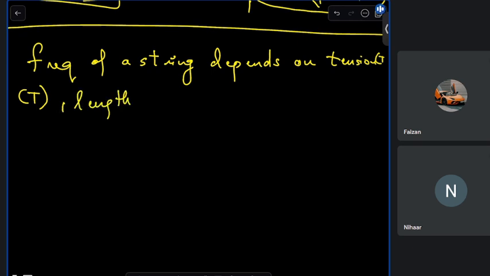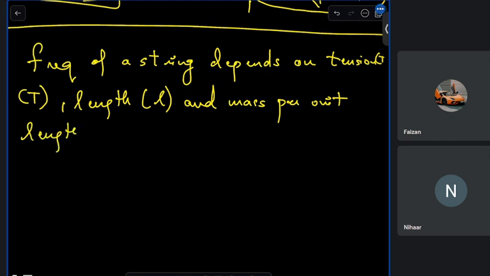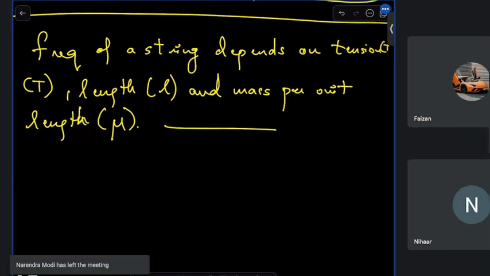When the letters are given to you, you have no choice but to use the same letters. You can't write l as capital L because they've given it as lowercase l. And mass per unit length as mu. You can't change this. Okay, deduce the relation. Let's go step by step.